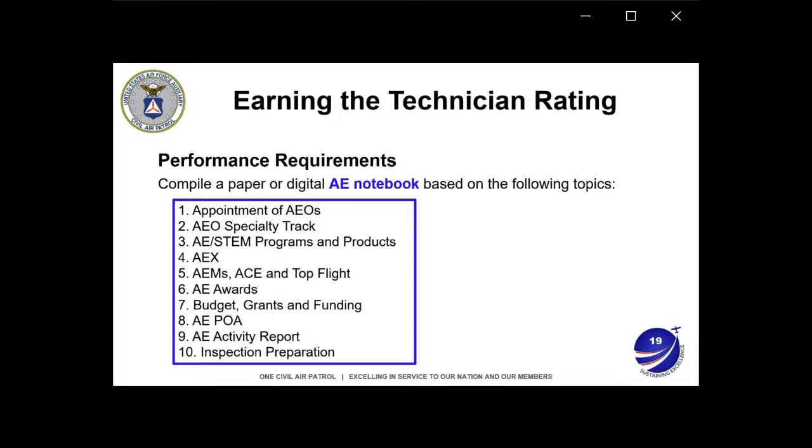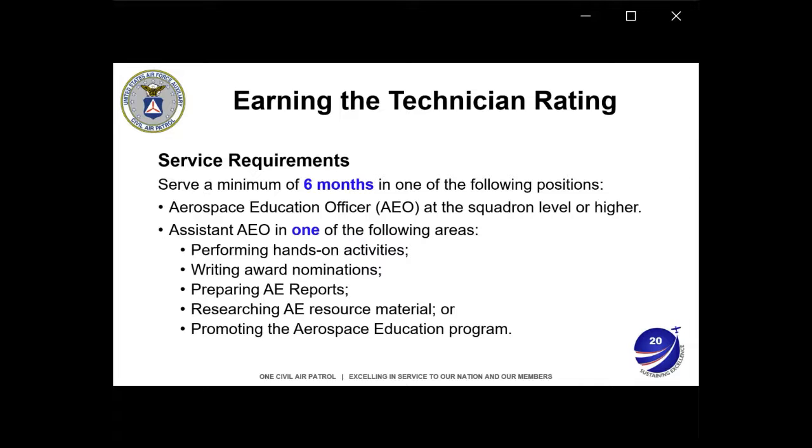And again, you want to maintain this because you need to keep this throughout your working on the senior and master rating later on. And your service requirements are quite simply serve a minimum of 6 months in one of the following positions: Aerospace Education Officer at the squadron level or higher, or you're assisting the Aerospace Education Officer in one of the following areas as the Assistant AEO.